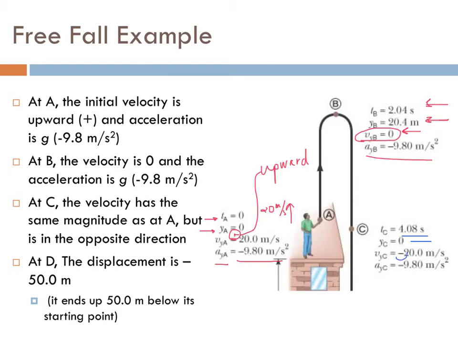Here we have a negative velocity. What that tells us is that we are moving downward. So negative velocity means we're moving downward. And as always, the acceleration in the y direction is going to be negative 9.8 meters per second squared.